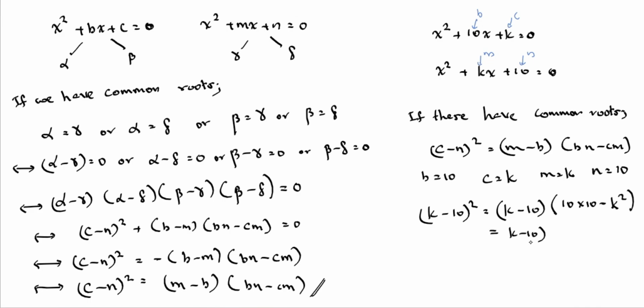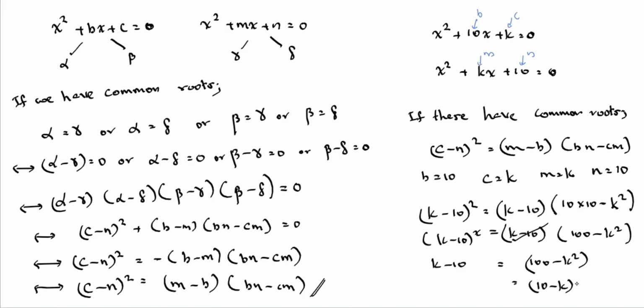So (k minus 10) squared equals (k minus 10) times (100 minus k squared). Here 100 minus k squared is (10 minus k)(10 plus k).